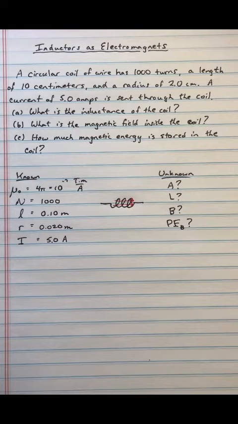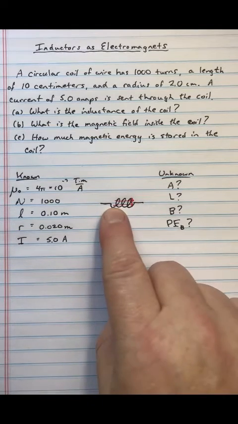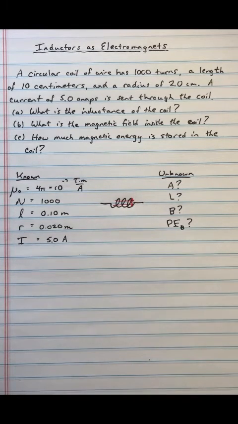But if we have current flowing through a nice smooth coil like this, then we can set up a constant magnetic field. Inside the coil, mind you, outside the coil it's a different story, but inside the coil, the magnetic field is pointing in a constant direction and will have a constant value at the very center of the coil. So this is the magnetic equivalent of parallel plate capacitors. So that's another reason to talk about this.